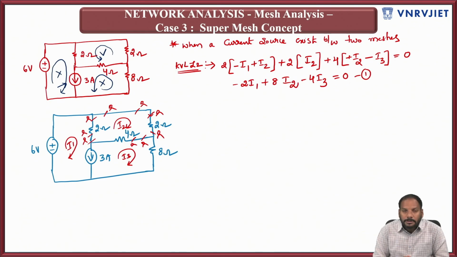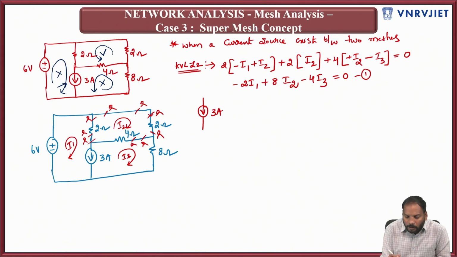In that case, you can represent the current source value in terms of loop currents. You have 3 amperes going downwards.